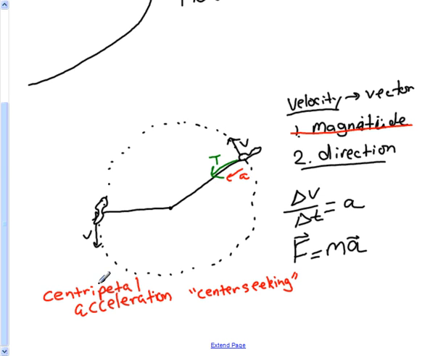But the centripetal acceleration, the centripetal force, if we were to talk about it, is an actual force, and it's directed along the inside of the circle. It's always directed towards the center. It's center seeking.